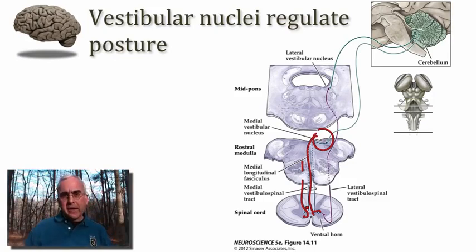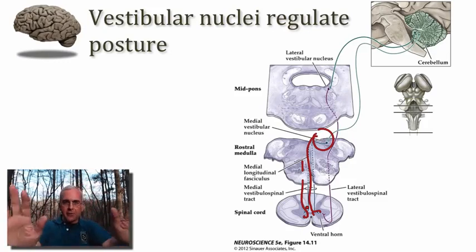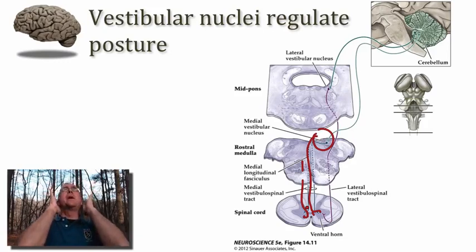This is a vestibulocervical reflex connecting the vestibular system to the cervical spinal cord, and it's bilateral. Okay, so that makes good sense. We want bilateral extension of the arms, and we want to be able to pull the head back symmetrically on both sides of the neck.